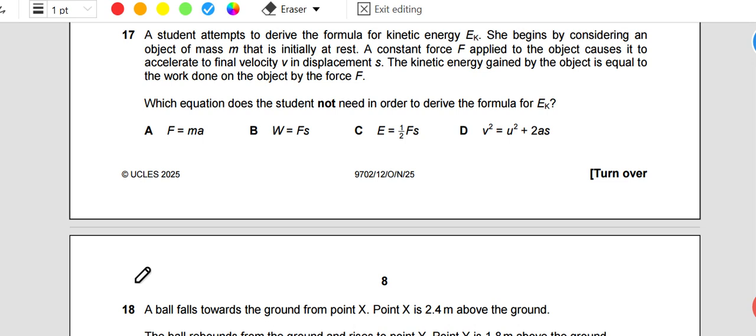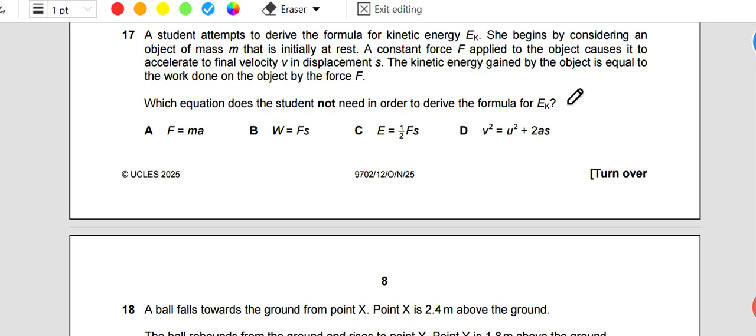Constant force means constant acceleration. Kinetic energy gained by the object is equal to the work done on the object by the force. Which equation does the student not need in order to derive the formula for kinetic energy?